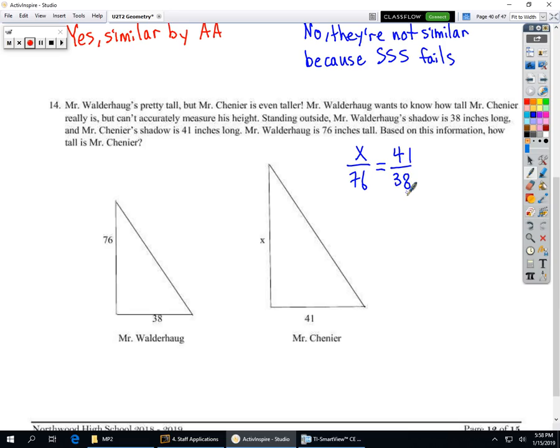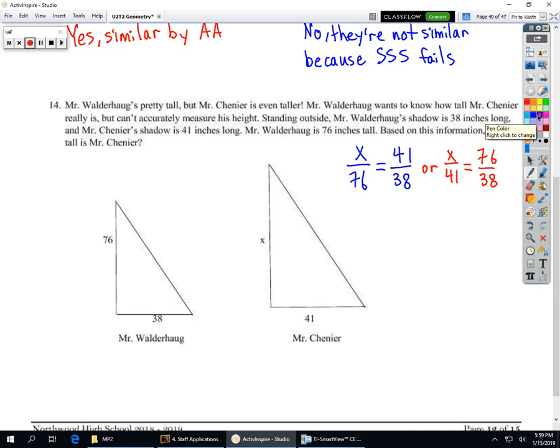Or I could have done this one: x over 41, the height over its shadow, equals 76 over 38, height over shadow. Regardless of which one you use, you still have to multiply x and 38, and 41 and 76, so you'll still get the same answer.